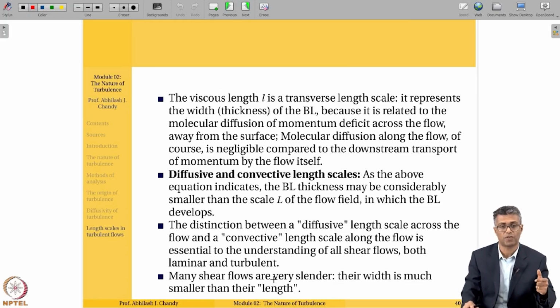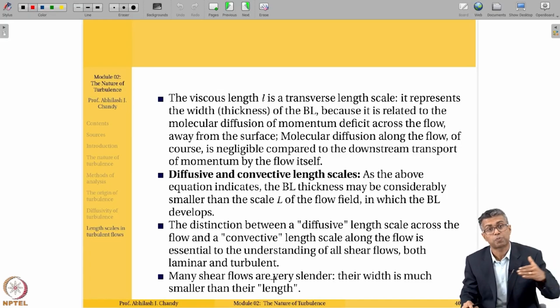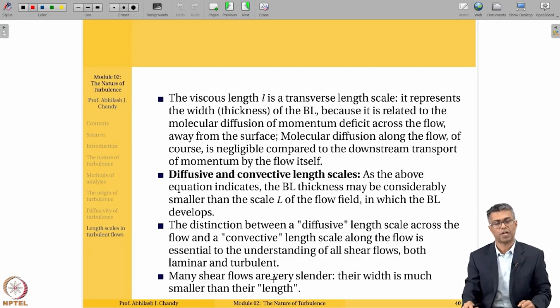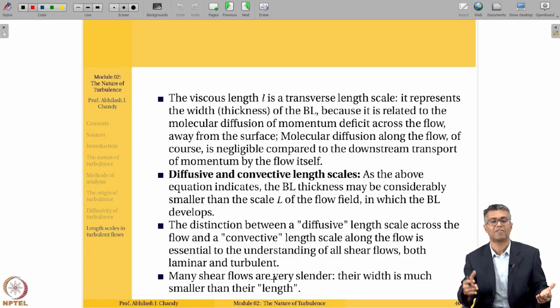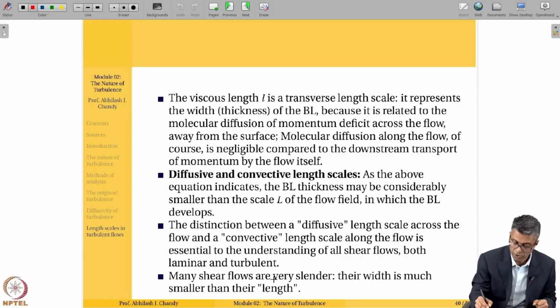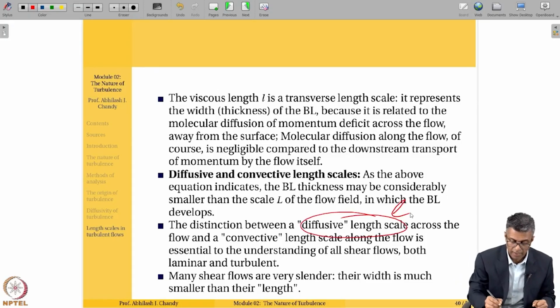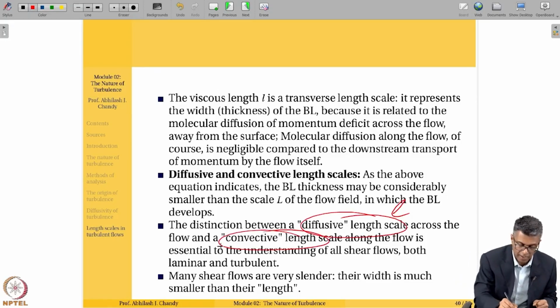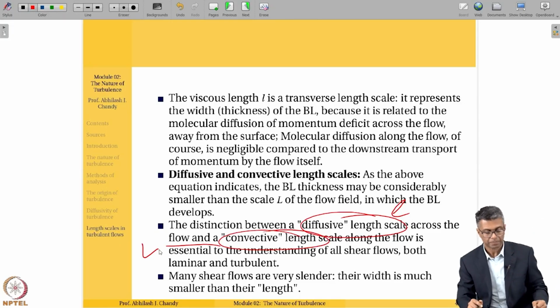So that's a diffusive length scale. On the other hand, capital L represents the momentum transport along the plate. So that is like a convective length scale. So you have convective length scale versus diffusive length scale. Diffusive length scale is the small l, and convective length scale is capital L.